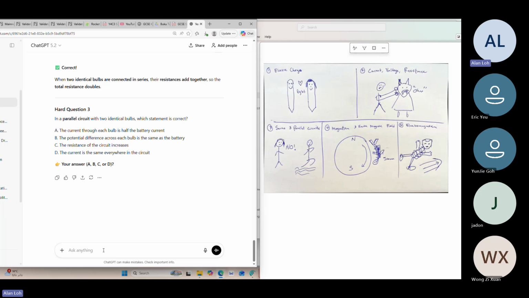It's a hard question, yes. But hard question is good for smart student like you. The current is the same everywhere in the circuit. D.